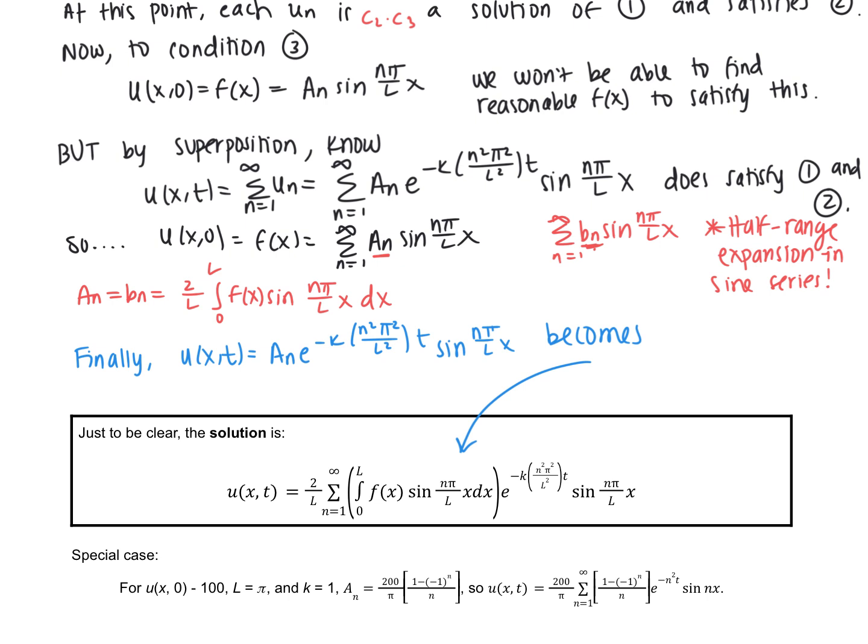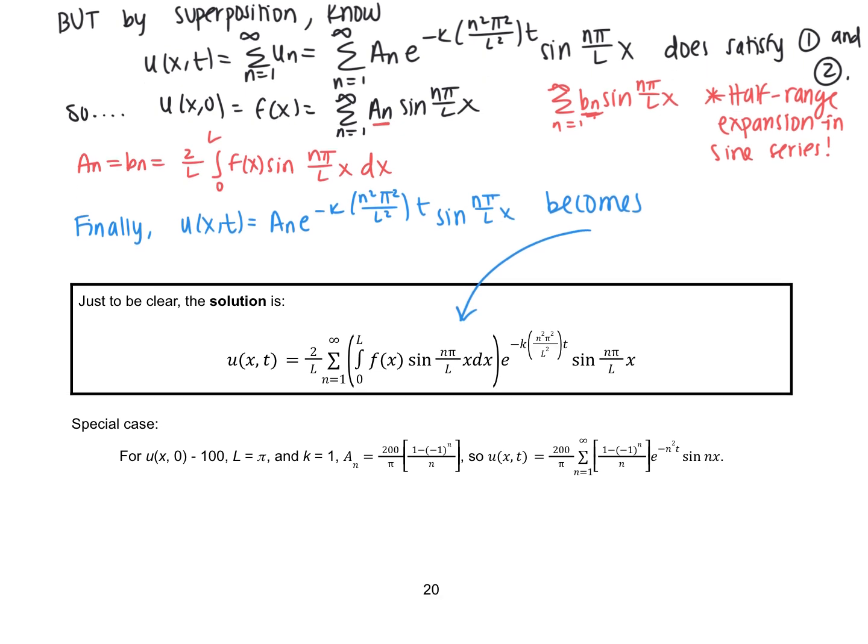So you're going to see we have that e to the power, we have that sine of n pi over L x, and then this a of n, which we wrote up here in red, is this 2 over L and then our integral. So all of this is the solution to the heat equation.